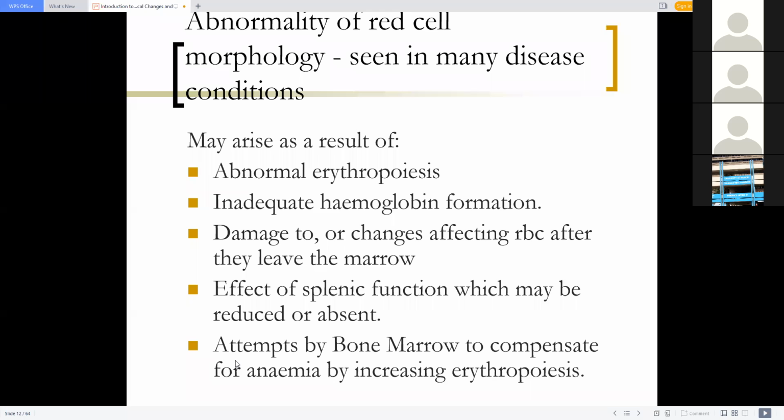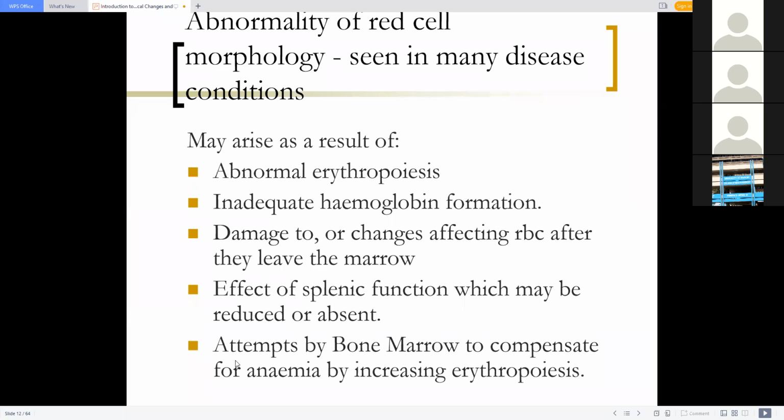What brings about these changes, right? So these changes, as a result of the many disease conditions that occur in medicine, may occur because there is abnormal erythropoiesis. So the normal erythropoietic process in the marrow may be defective because of a disease condition, all right? And then you get the morphological changes, all right?